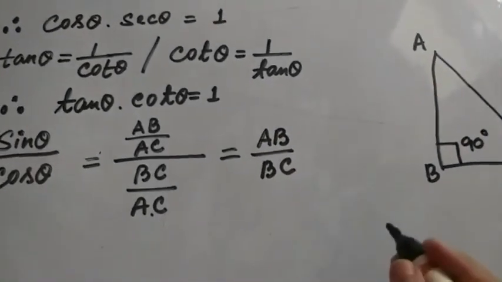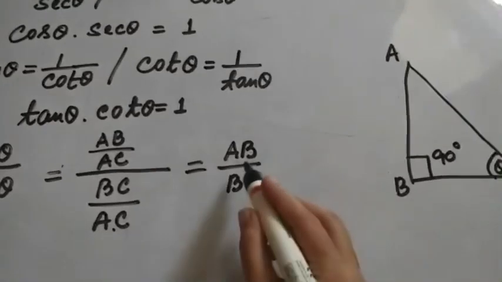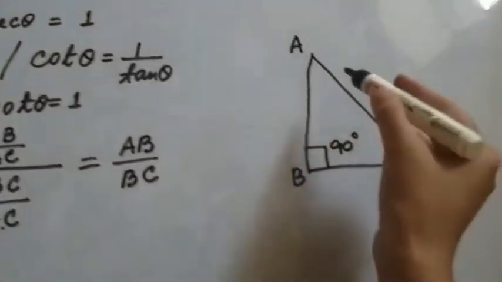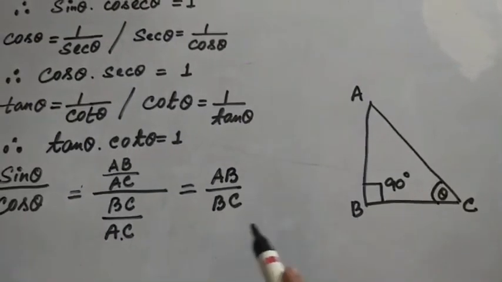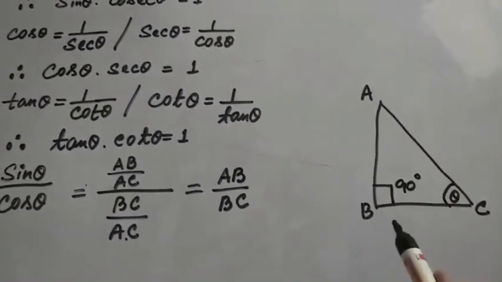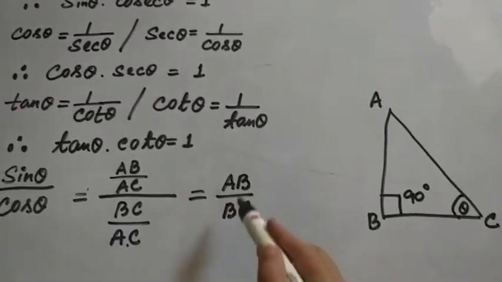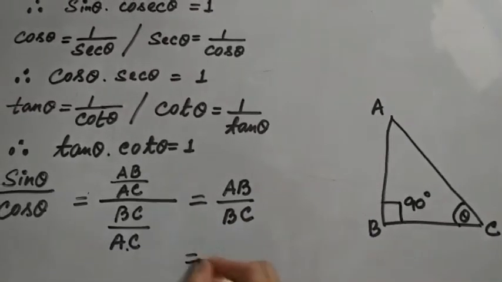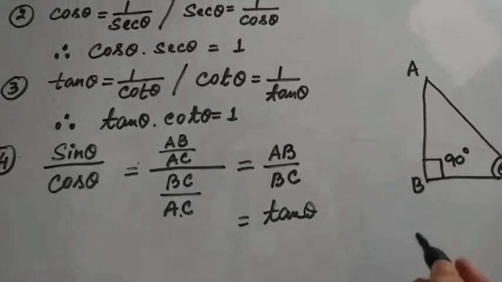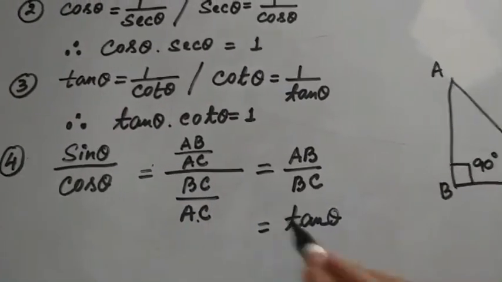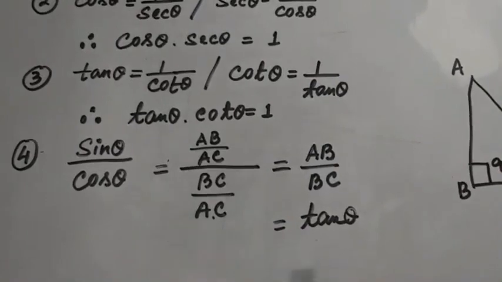So what is the formula of AB by BC? If I see the picture, AB is the perpendicular and BC is the base. So if we remember the formula, it is the formula of tan theta, perpendicular by base. That means tan theta equals sin theta divided by cos theta.